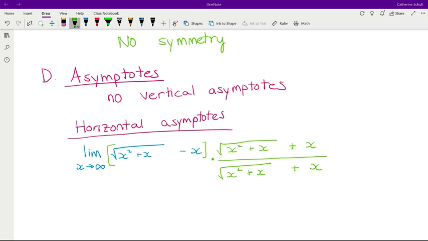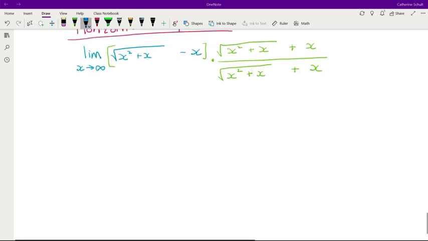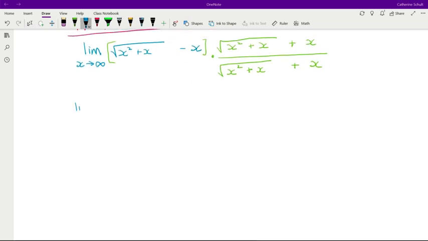Okay, and the reason why we do that is now when we multiply, this is an a minus b, a plus b situation, so the top is going to be a squared minus b squared. And the square root squared cancels out that square root.